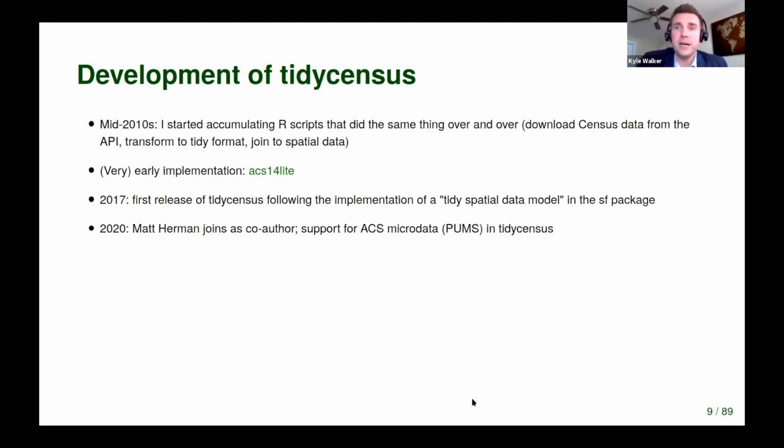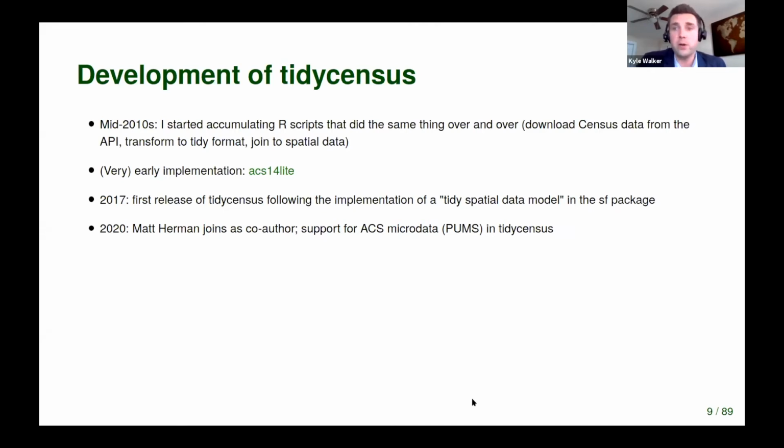So eventually, I cracked open Hadley Wickham's R packages book, taught myself how to write a package by reading the book, and eventually open sourced the package in 2017. And Tidycensus has been downloaded hundreds of thousands of times. It's been fantastic to see the uptake within the community, and it has a number of different contributors now, which has been wonderful.